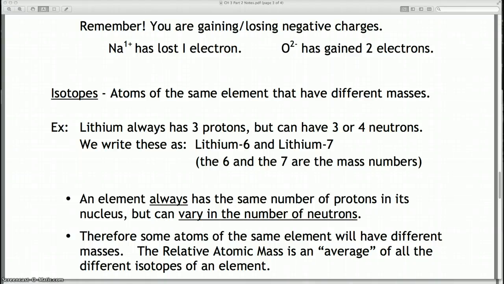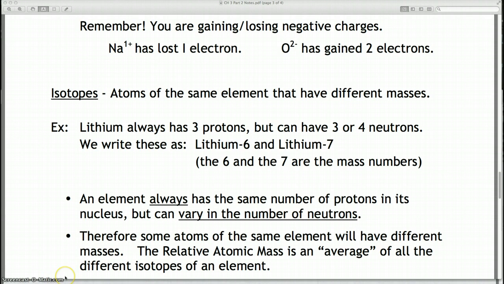We had been talking about isotopes and how there are different versions of atoms and they have different masses, and the reason they have different masses is because they vary in the number of neutrons. And if you remember at the beginning of the notes, we talked about the purpose of a neutron. Well, the purpose of the neutron is to help stabilize the nucleus.